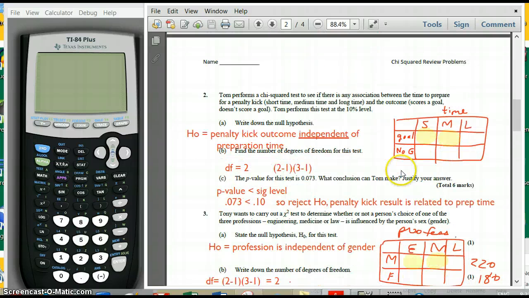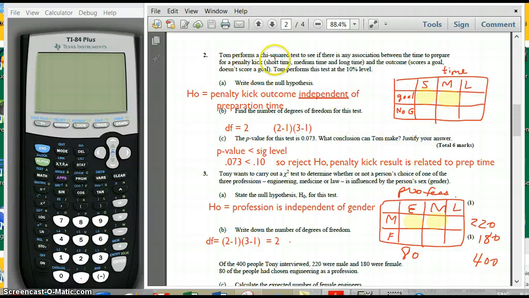Okay, so number 2. Tom performs a chi-squared test to see if there's any association between time to prepare for a penalty kick and the outcome. Tom is performing this test at the 10% level. Whenever they give you the statistics here, you're not supposed to do anything with it yet. You're going to use it later.